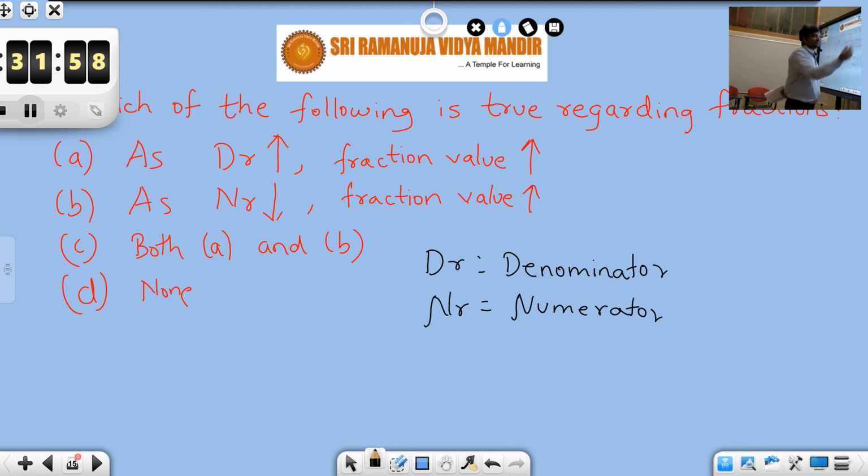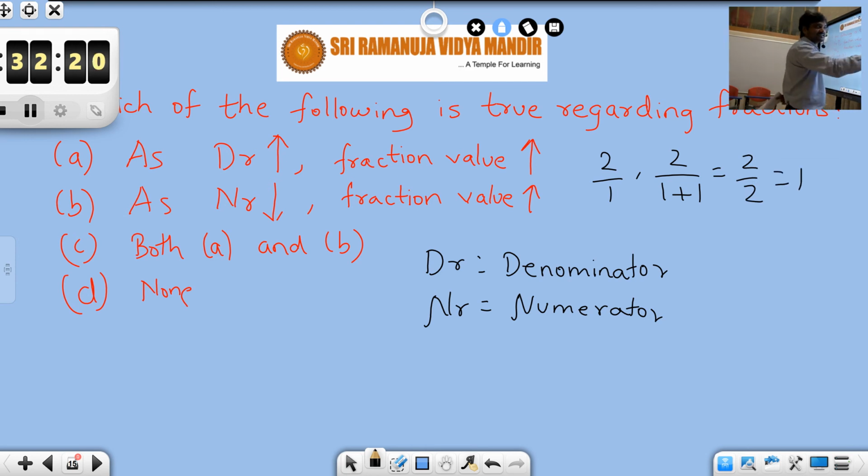Is it true? Let's look at one example. Consider 2 by 1. Let's increase the denominator by 1, keeping the numerator constant. So what is happening to this value? 2 by 2, this is 1.